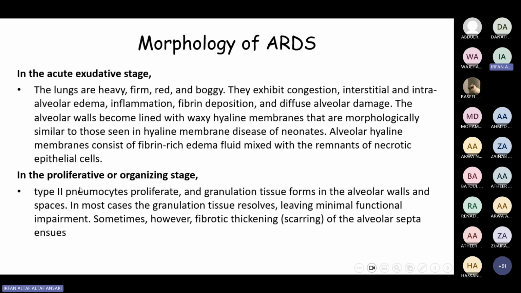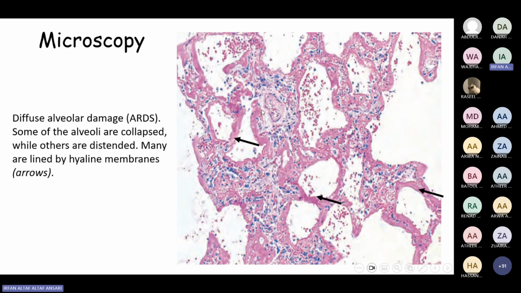In the proliferative phase, this is mainly due to the involvement of the type 2 pneumocytes, which proliferate and lead to the formation of granulation tissue. There is deposition of collagens and extracellular matrix, also due to fibroblasts and the platelet derived growth factor, leading to thickening of the alveolar septa.